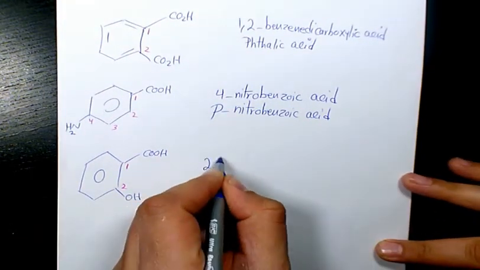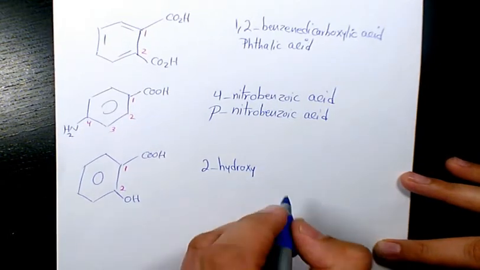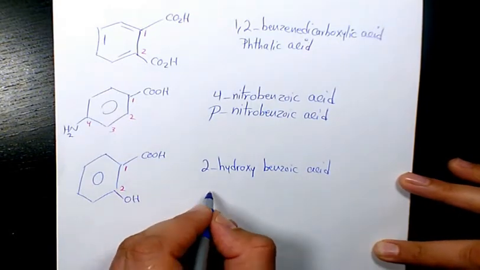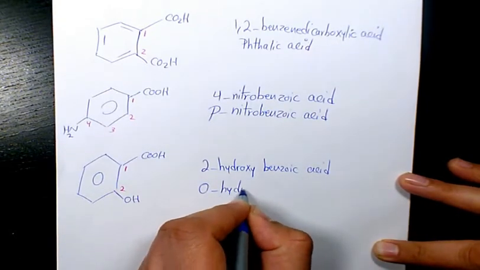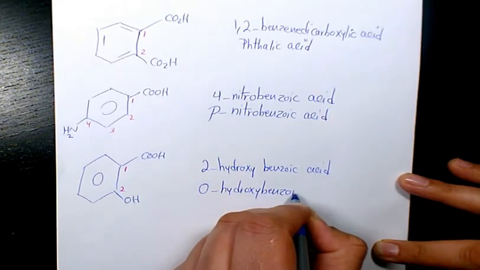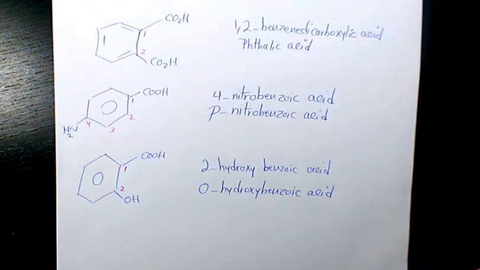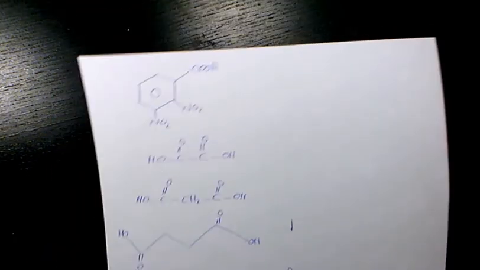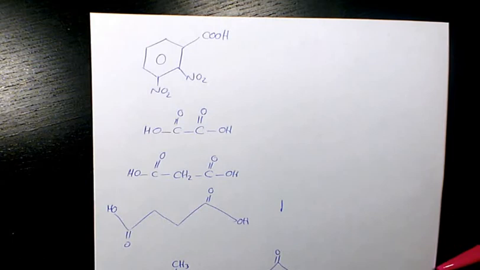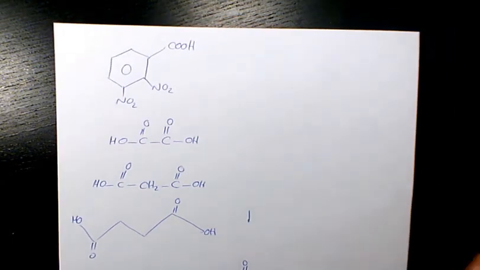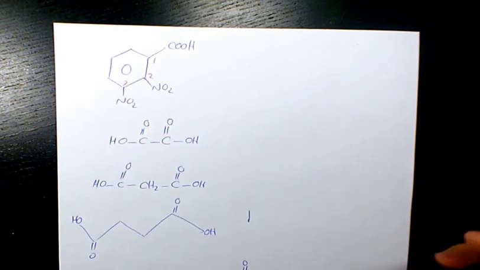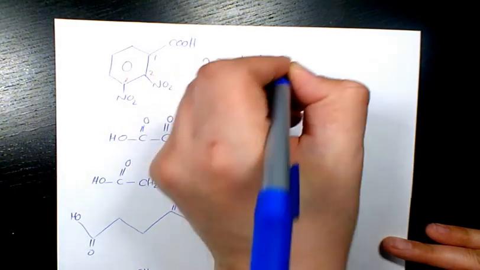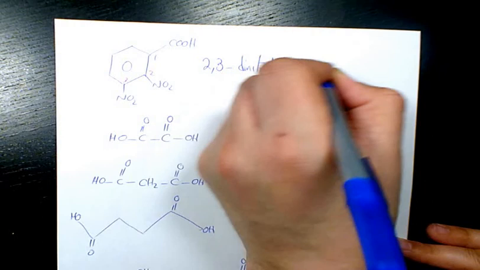So it's going to be 2-hydroxybenzoic acid, or we call it ortho or O-hydroxybenzoic acid. In this chemical, it's going to be 1, 2, and 3. So we have 2,3-dinitrobenzoic acid.